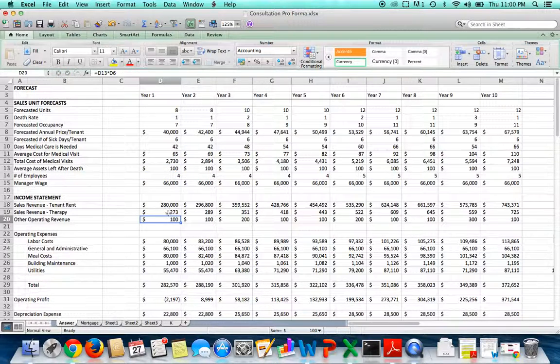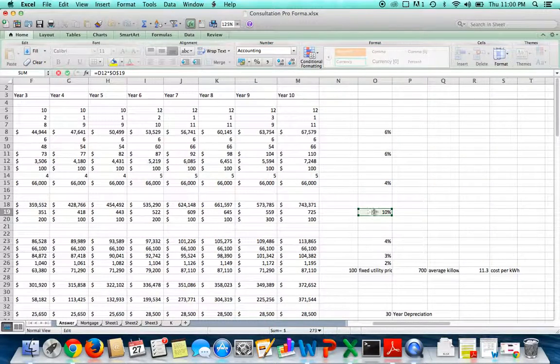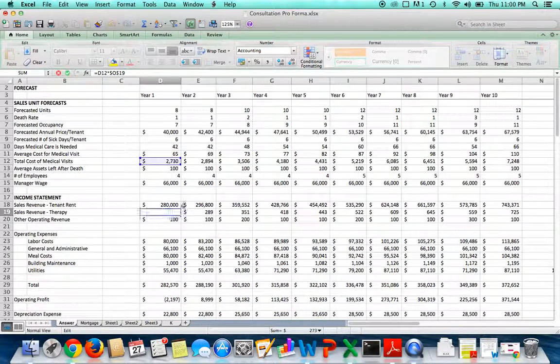So we get a percentage of that, and that was 10% of that. The average assets left after death are furniture and whatnot that they leave that will sell in a garage sale.